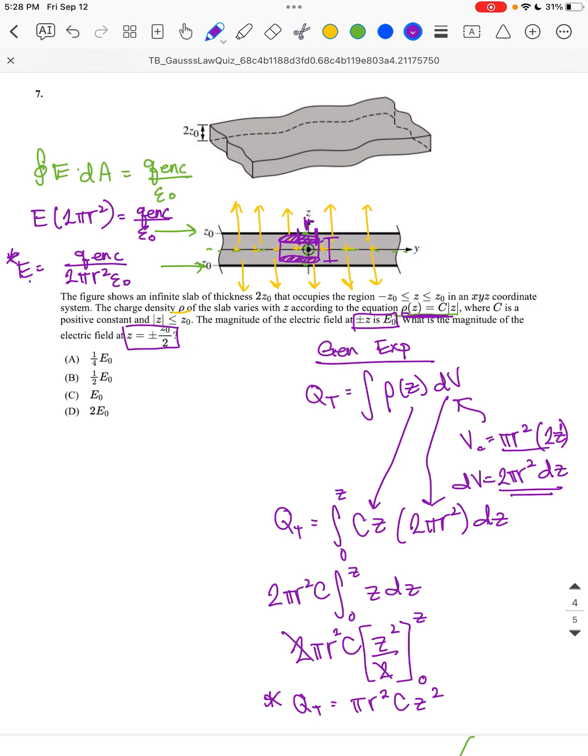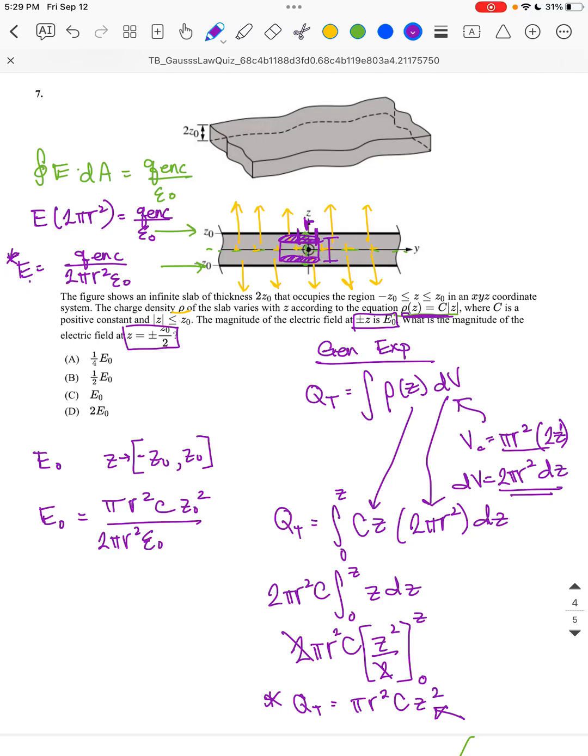When I am trying to analyze the electric field E naught, when z goes from negative z naught to z naught, then I can plug z naught into my general expression, and I get E naught is equal to pi r squared c z naught squared over, I still have 2 pi r squared, and then epsilon naught at the bottom.